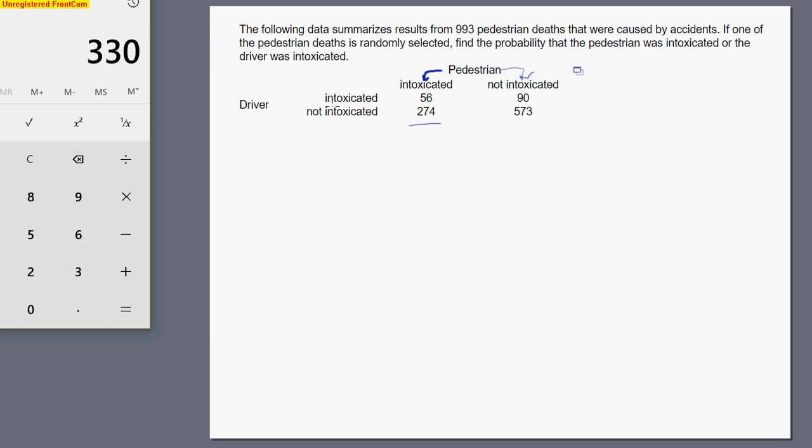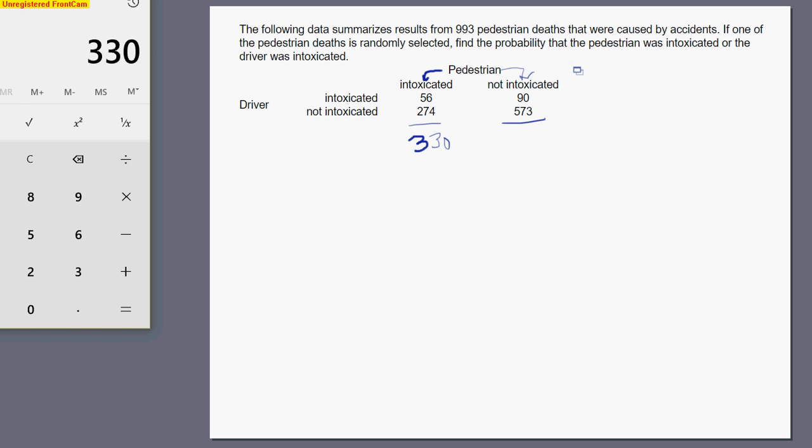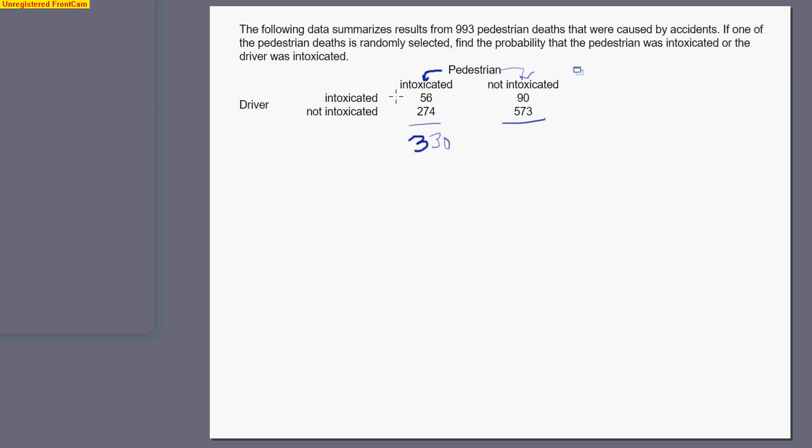So we have 330 intoxicated pedestrians, and we have 90 plus 573, 663 sober or not intoxicated pedestrians.